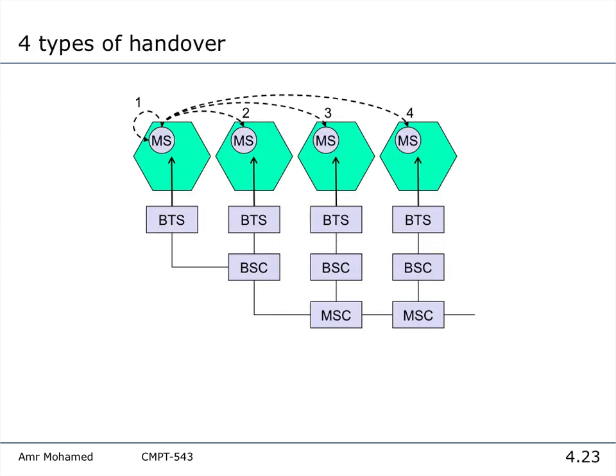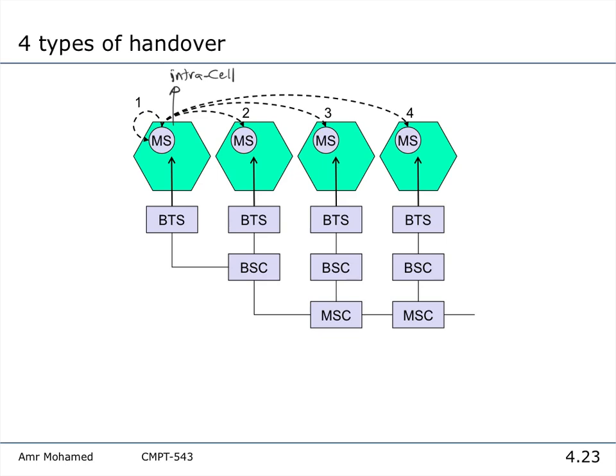And the last thing we talked about: there are 4 types of handover. We have what we call intra-cell handover. Intra-cell means what? The mobile station is still in the same cell but it performs handover. This is what we called frequency hopping. Exactly.